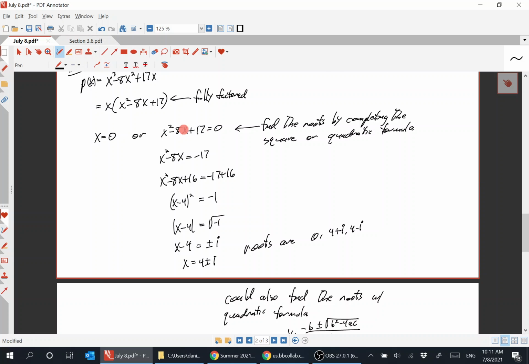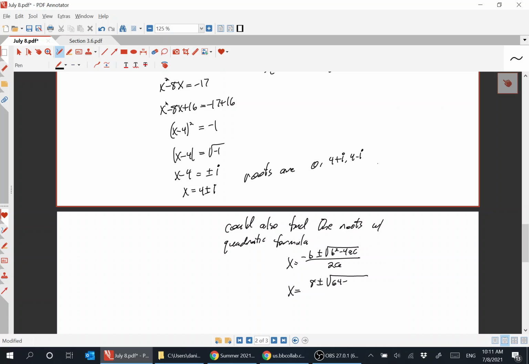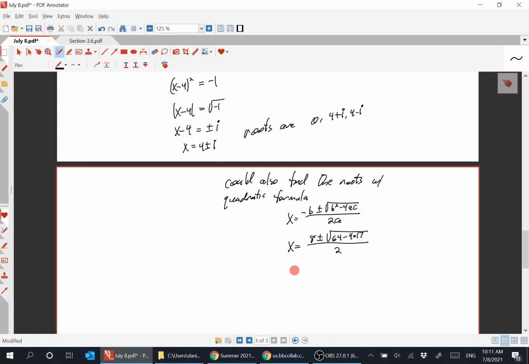Minus 4 times 17, over 2a, which is just 2 in this case. 4 times 17 is 40 plus 28 is 68. So 64 minus 68 is minus 4, over 2.